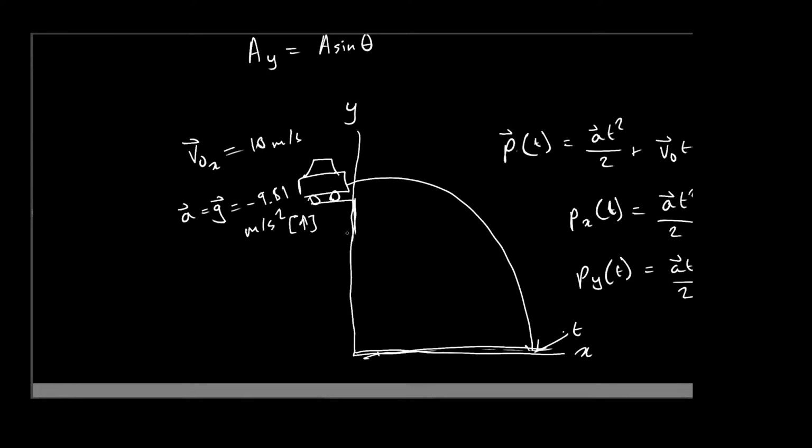Or on the y-axis, sorry, y is not a direction, it's an axis. On the y-axis, so we say that it's negative 9.81 meters per second squared. Up, meaning that it's actually down, because it's a negative, and negatives flip the direction, right?